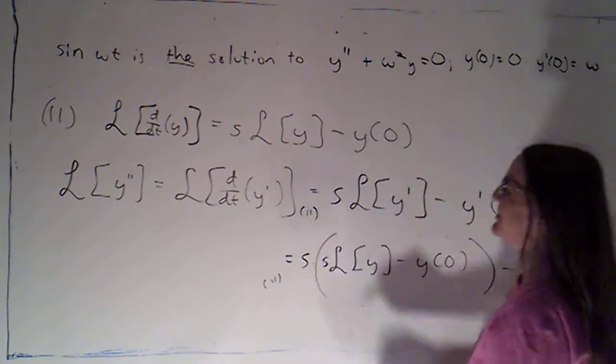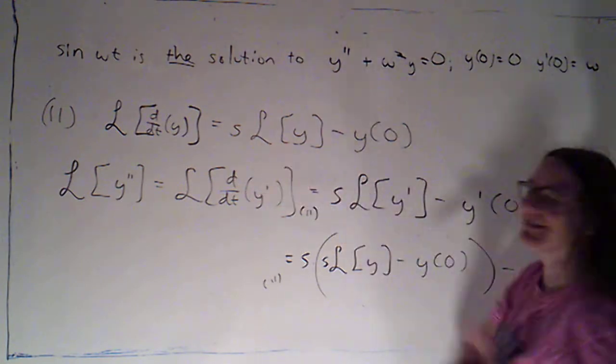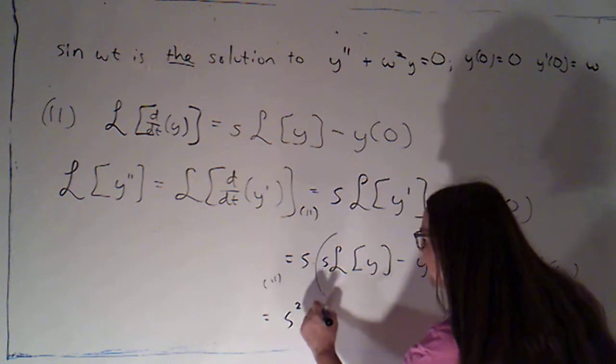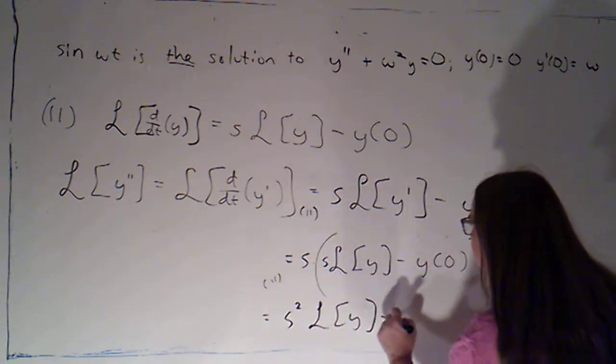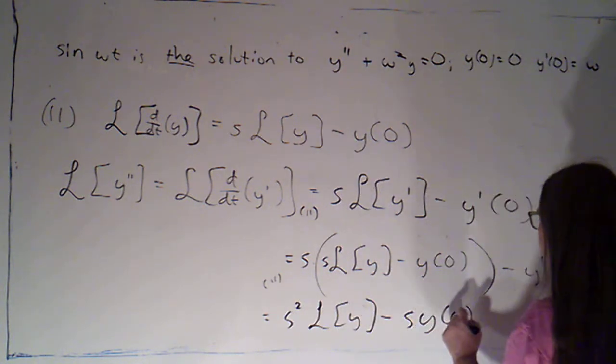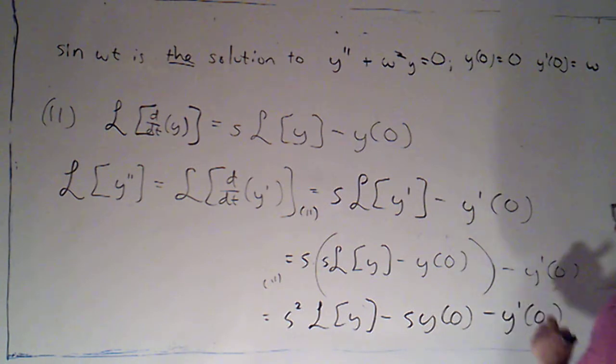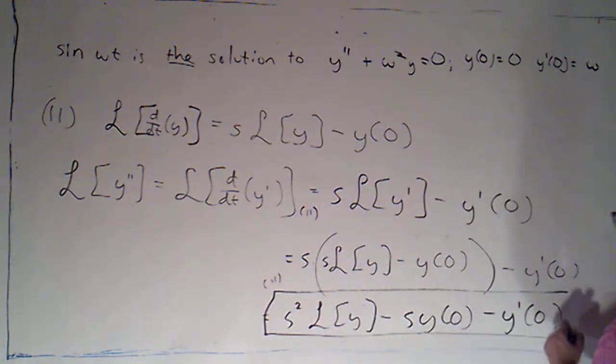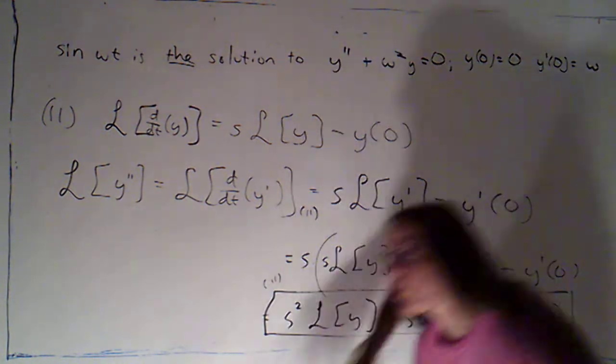This s was from when I took the Laplace transform of y double prime. So if I just distribute that s, I'm going to get s squared times the Laplace transform of y minus s times y of 0 minus y prime of 0. Okay, so this formula right here is the formula for the Laplace transform of y double prime.